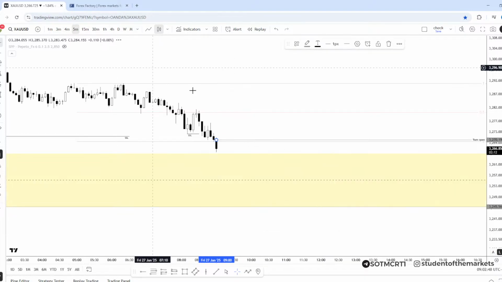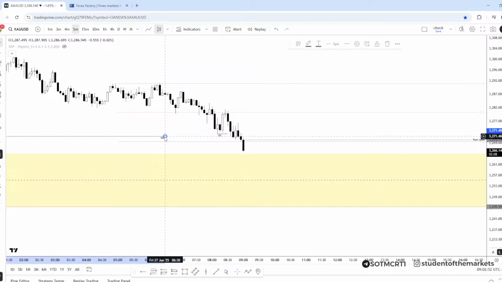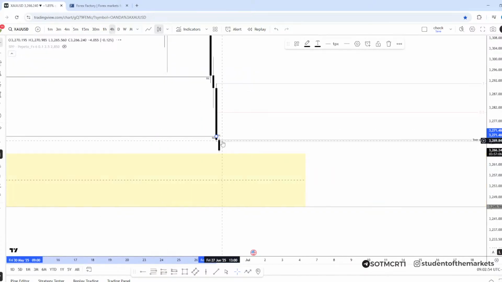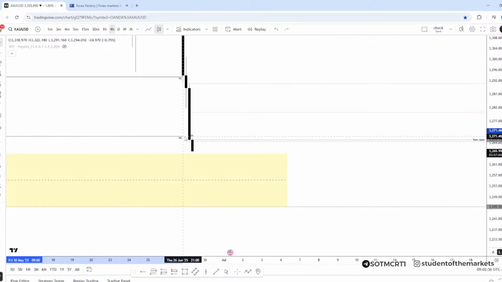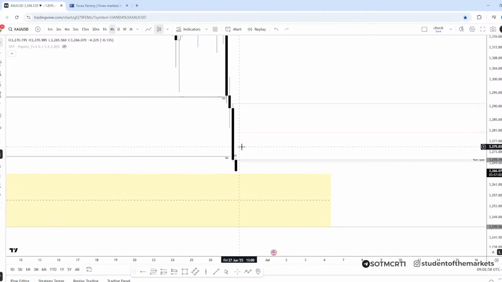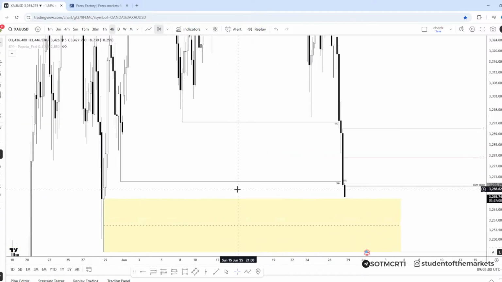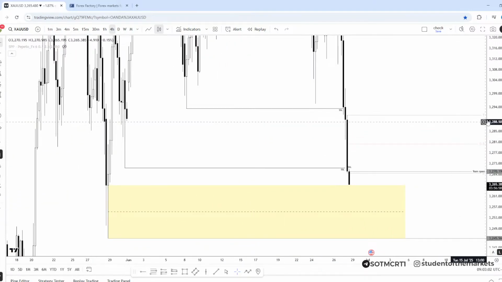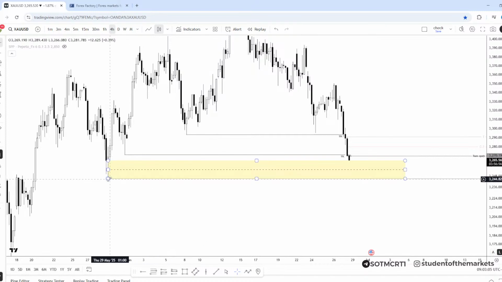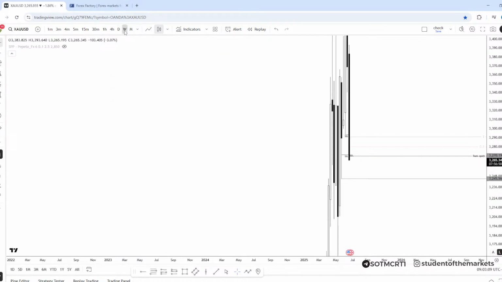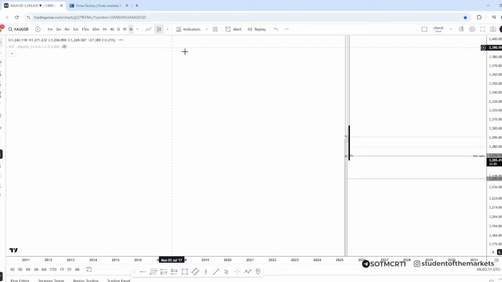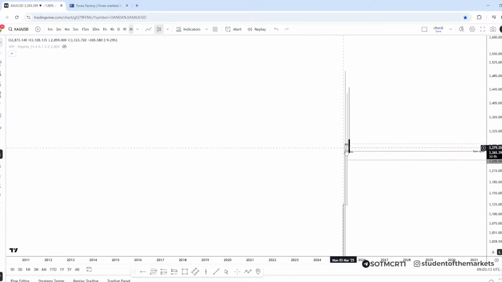Now I would love to buy down below the 9 a.m. open. This would be the best of what I wanted to do, and eventually if price gives me an entry from somewhere around these levels, because price can go even lower than that. Price can go even to this sell side liquidity, because on the weekly time frame we have the sell side, and on the monthly price is still flipping bearish.